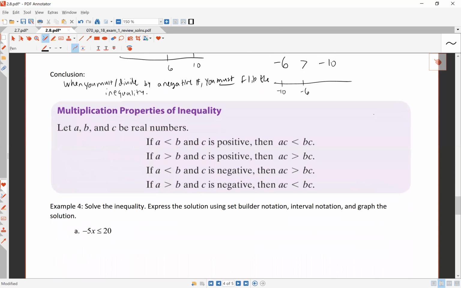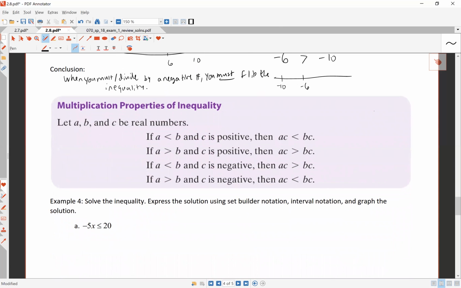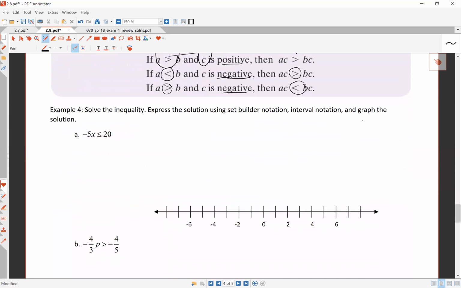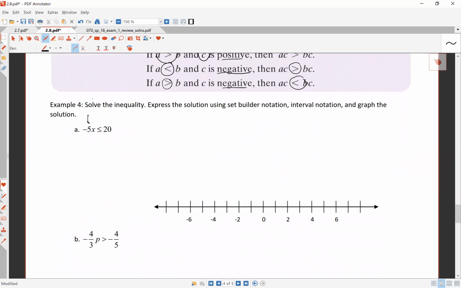And this is a little bit hard to read. It's just saying that if you're multiplying or dividing by a positive number, then the symbol stays as you started with. Less than stays less than, greater than stays greater than. But when you multiply or divide by a negative number, the less than turns into a greater than, and greater than turns into a less than. This sort of thing arises when your coefficient is negative.